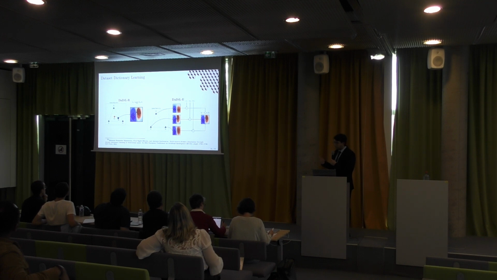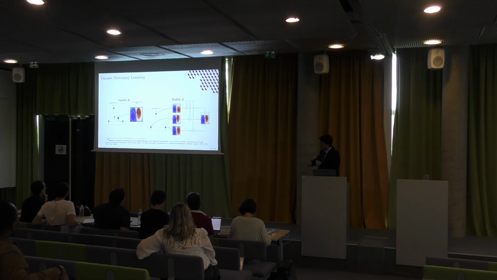The other option is to fit a classifier in each one of the atoms, that is, again, a labeled distribution itself, and then predict on the target, and afterwards, weighting each one of the target classifiers via its barycentric coordinates. We call this the DaDiL-E for ensembling. So you have a reconstruction approach and you have an ensembling approach.